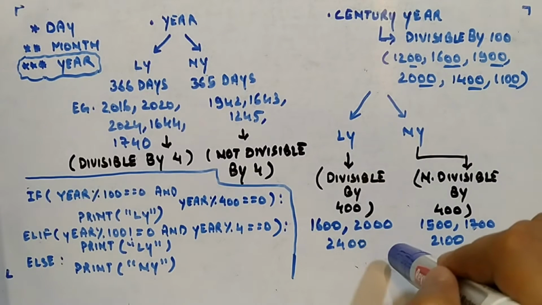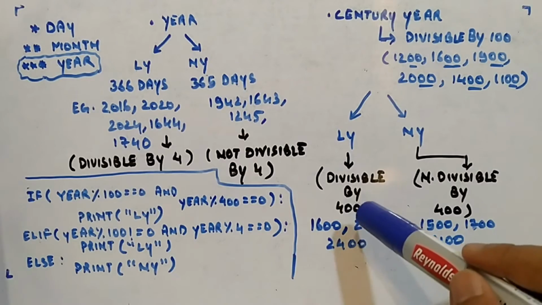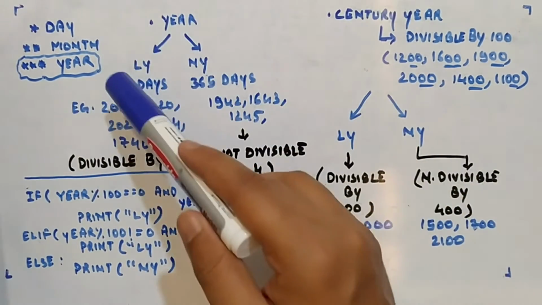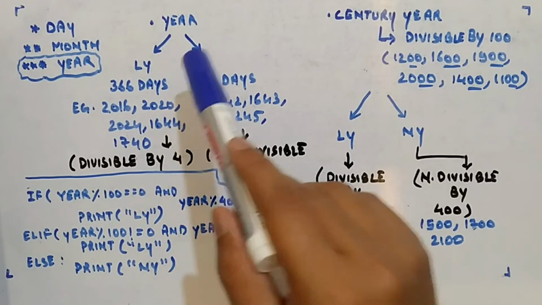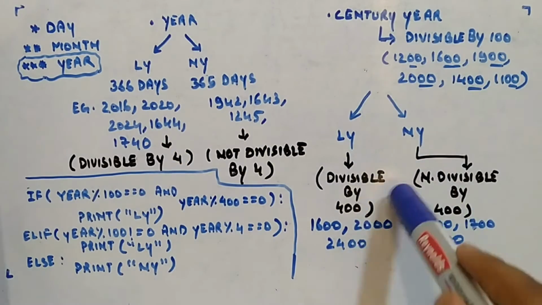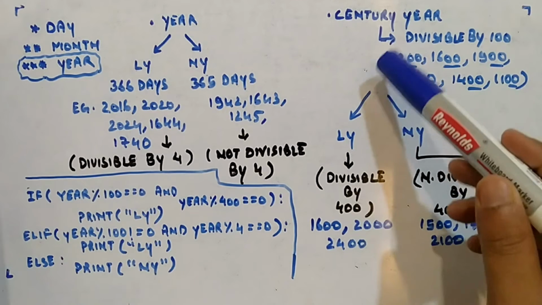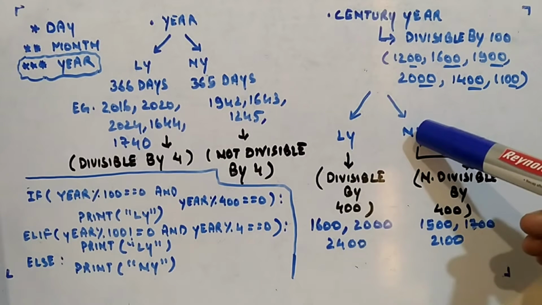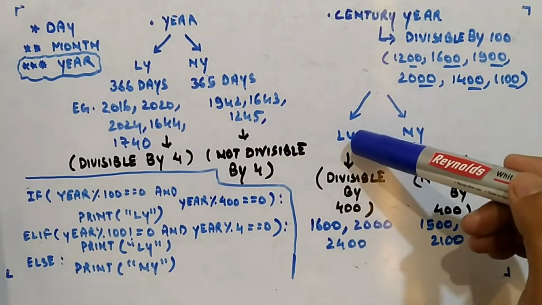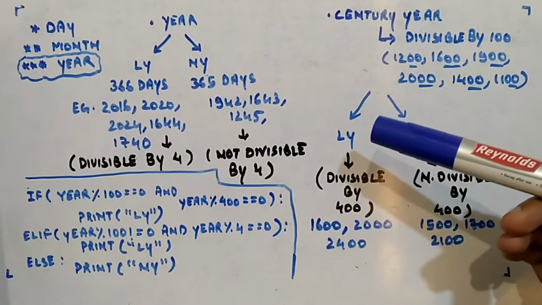That's why they are divisible by 100. So this is the concept for years which are not century years. If you have century years, this is the concept. A century year also can be a leap year or it can be a normal year, but the condition for checking will be changed.